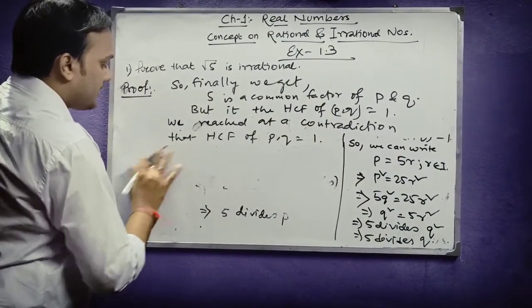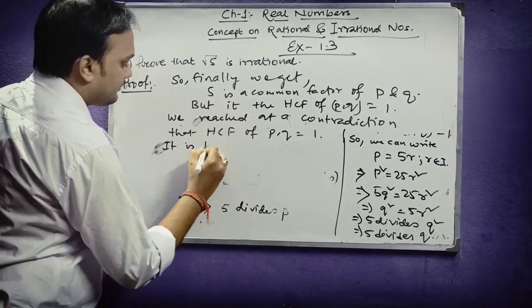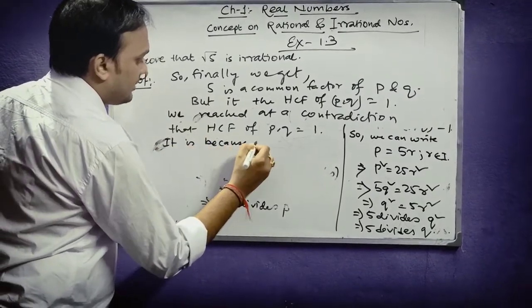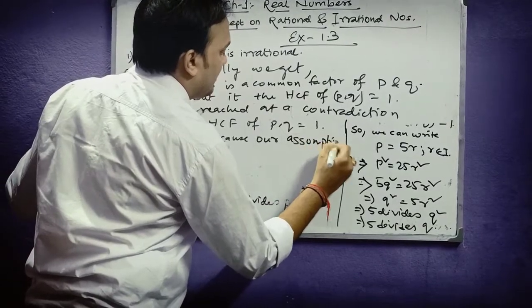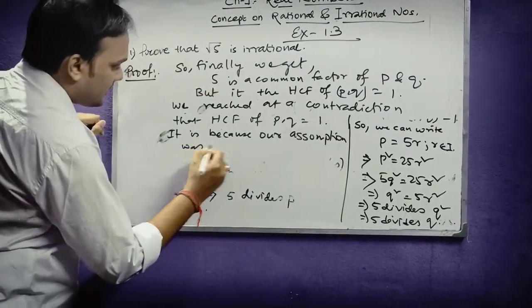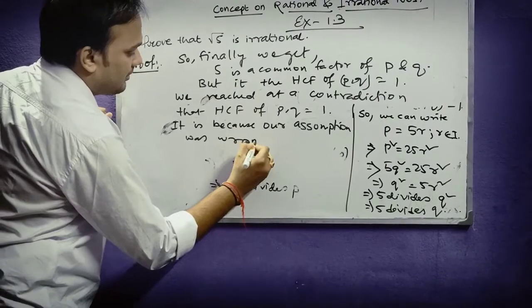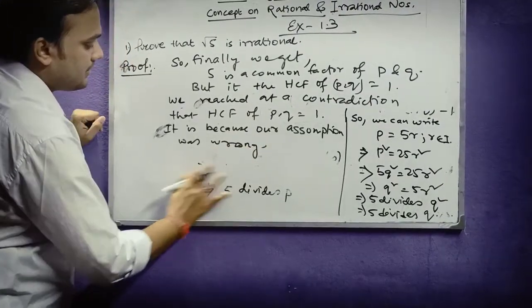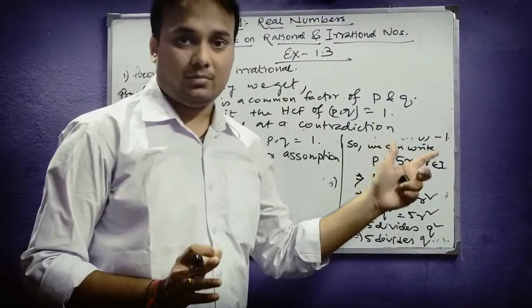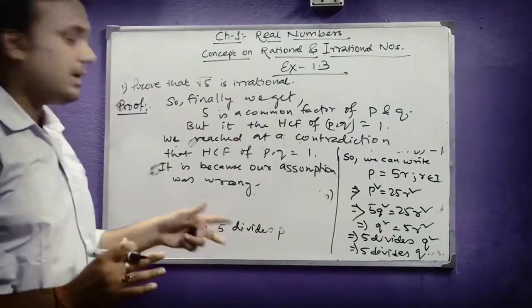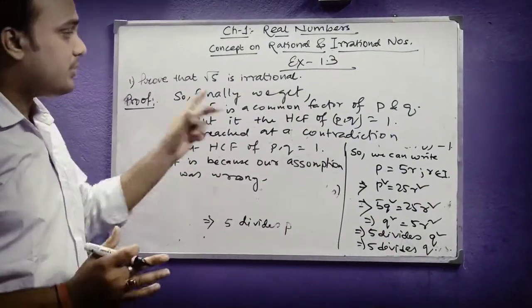It is because our assumption was wrong. So what was our assumption? Our assumption was that it is a rational number, and we reached a contradiction. Why did we reach the contradiction? Because our assumption was wrong.